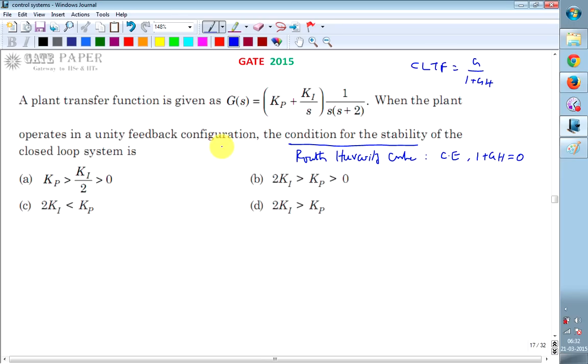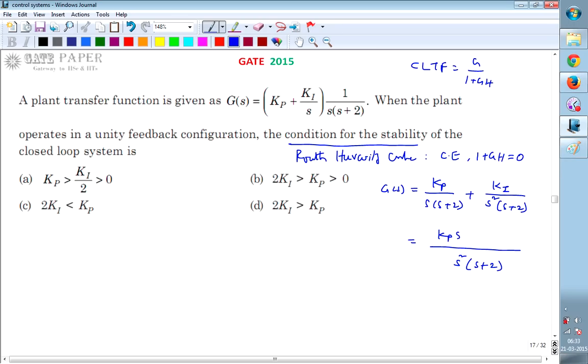So first we will simplify this G(s). G(s) can be written as Kp divided by s(s+2) plus Ki divided by s square (s+2), which is (Kp s + Ki) divided by s square (s+2).